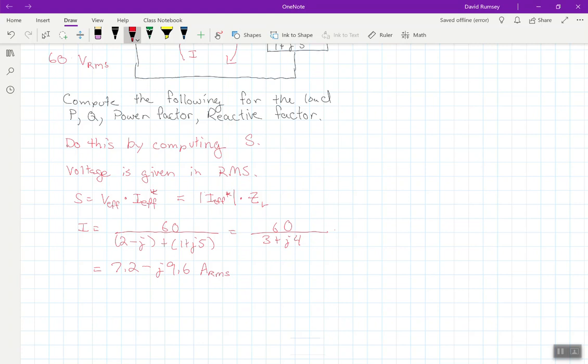Now let's go ahead and do it by this method first, computing my complex power. So if I compute my complex power, well, first I'd also need to know what the voltage is.